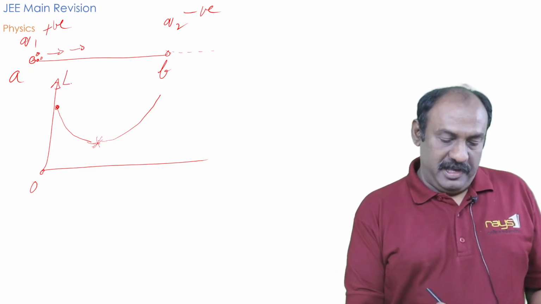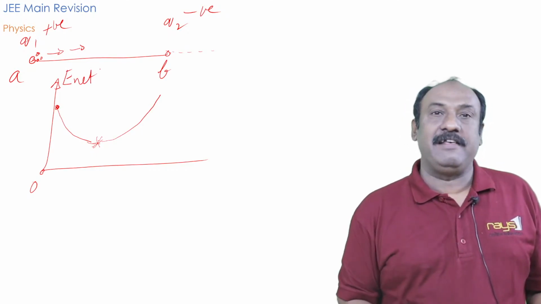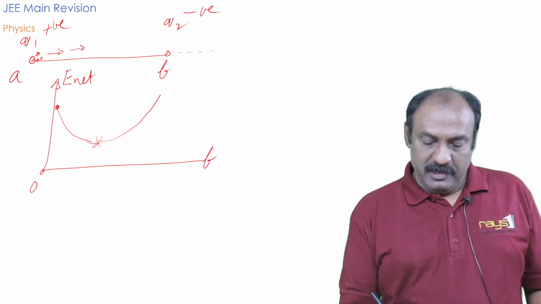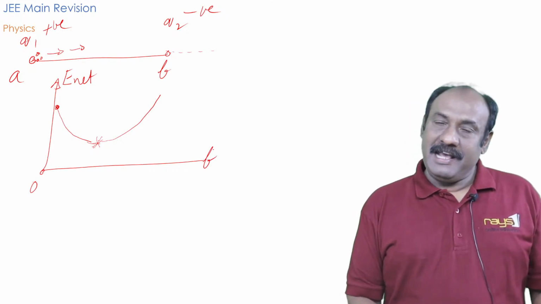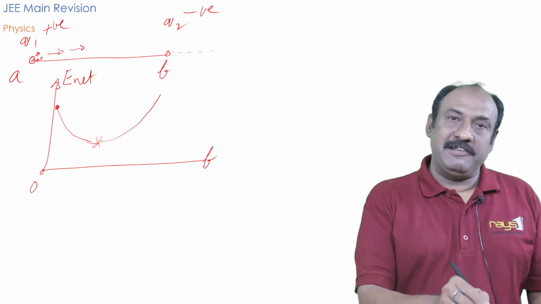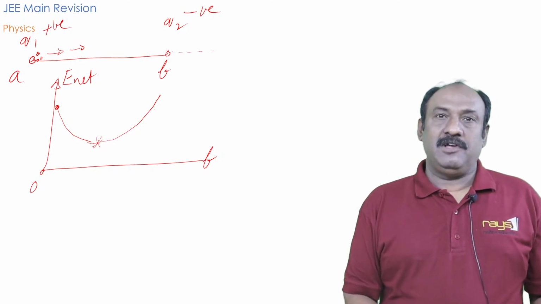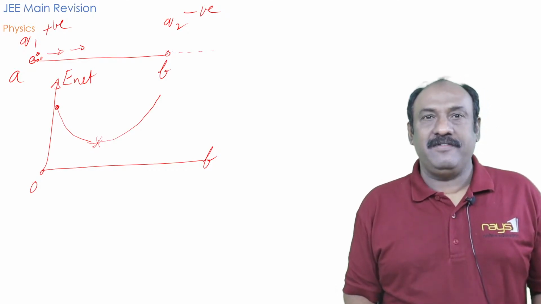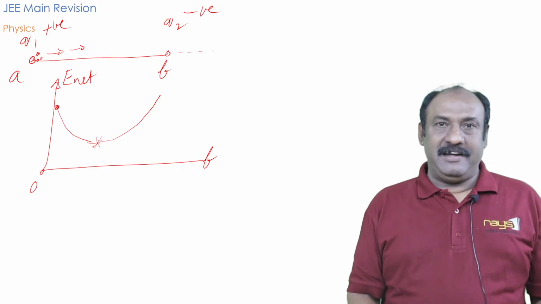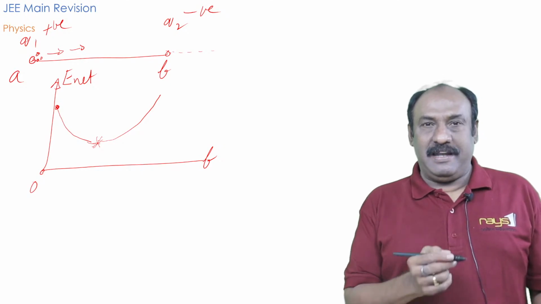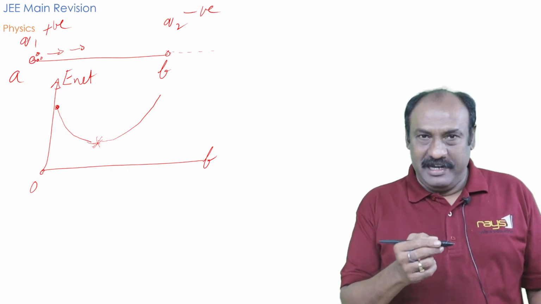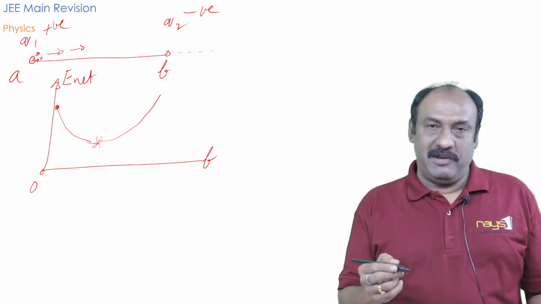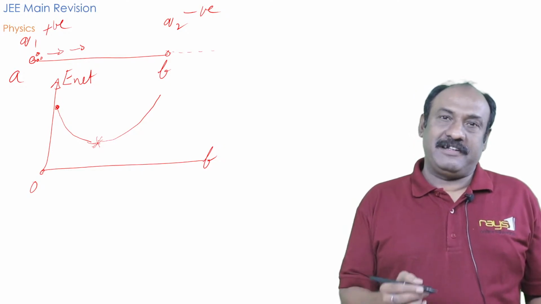This is the variation of the net electric field intensity between A and B. If these two are unlike charges, with A positive and B negative, only then is this variation possible: first it is maximum, then it gradually decreases, becomes minimum at one particular distance, and afterwards it rises.